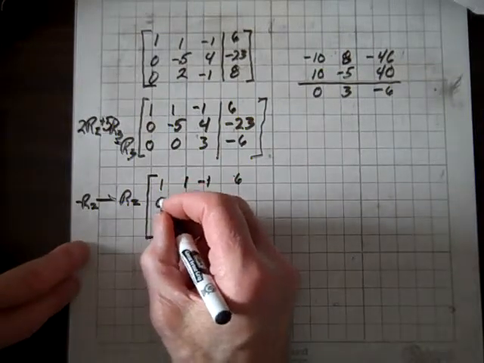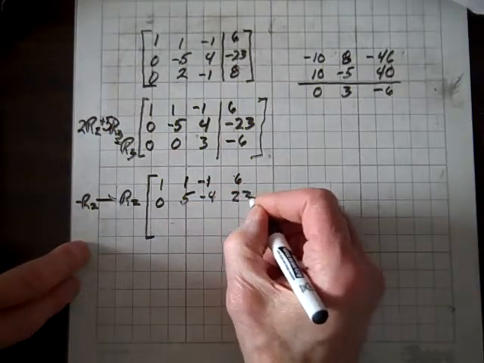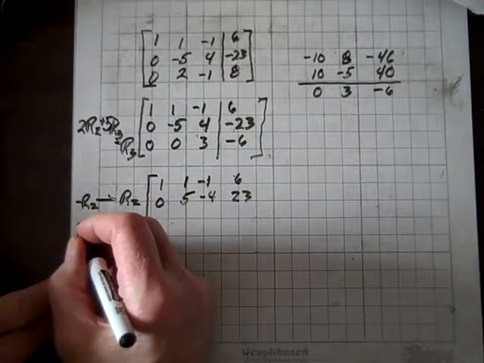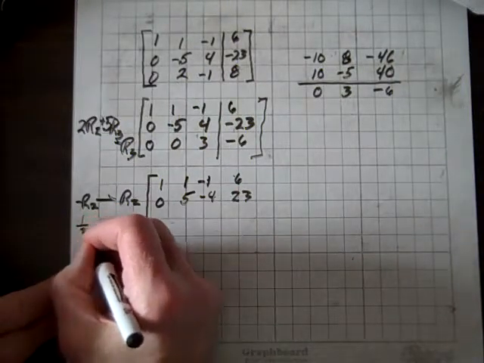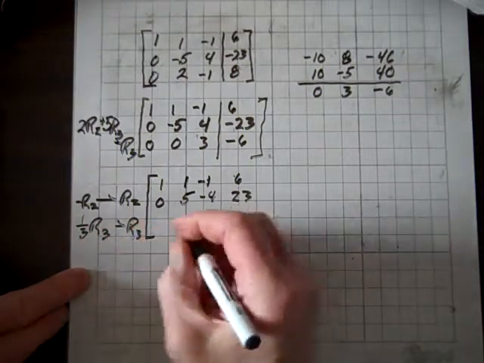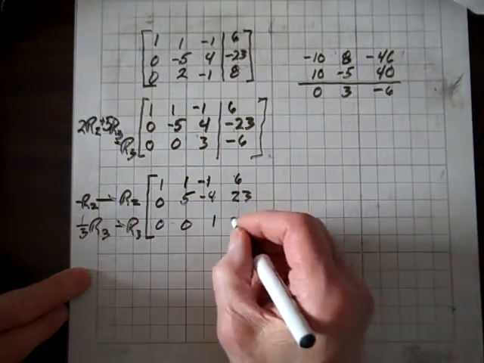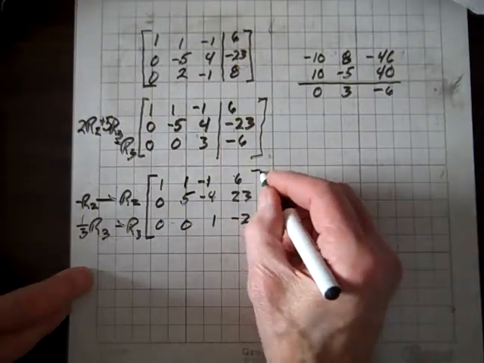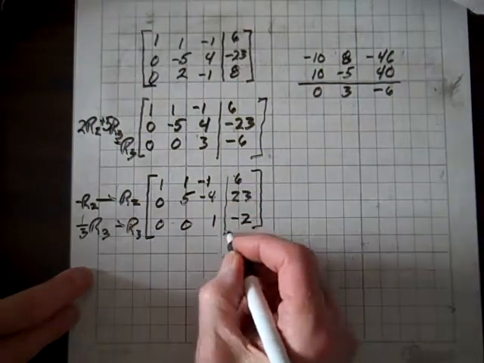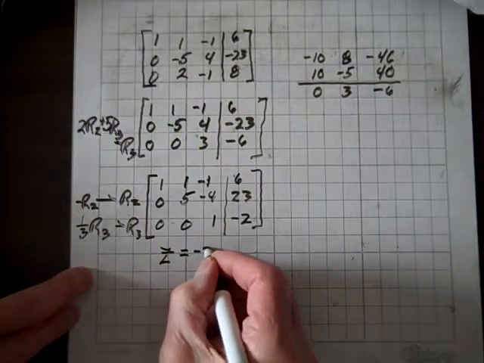And so now we have a 0, a 5, a negative 4, and a 23. And we'll multiply row 3 by 1/3, which will replace row 3. That means we have a 0, a 0, a 1, and a negative 2. So this implies that since this is a z position, z equals negative 2.